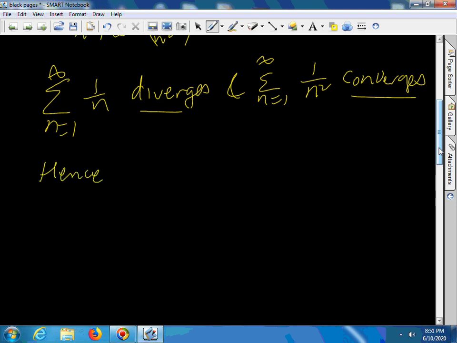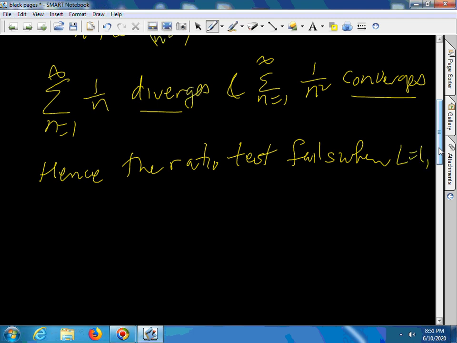Hence, the ratio test fails when L equals 1. That is, the test is inconclusive.